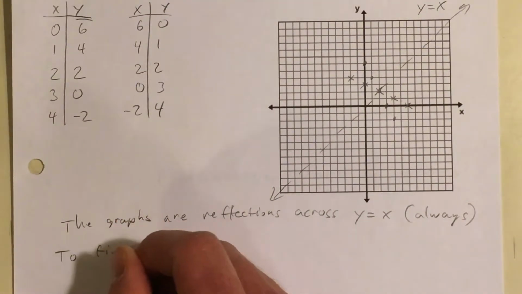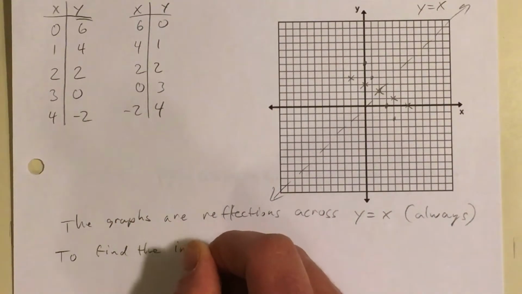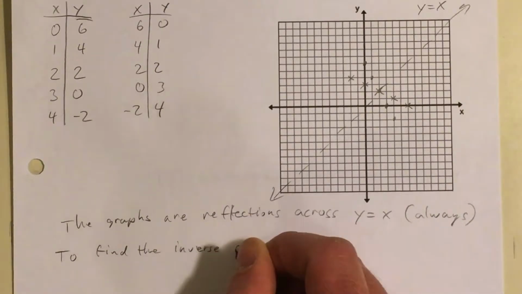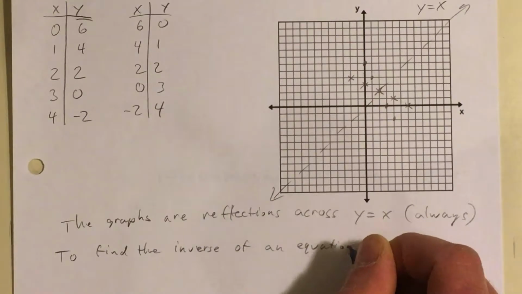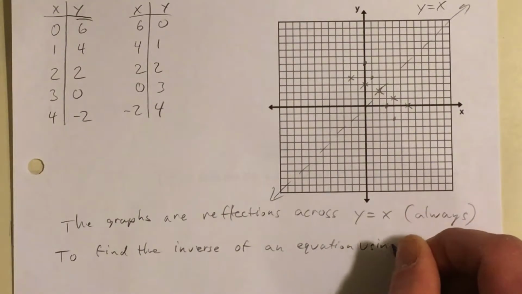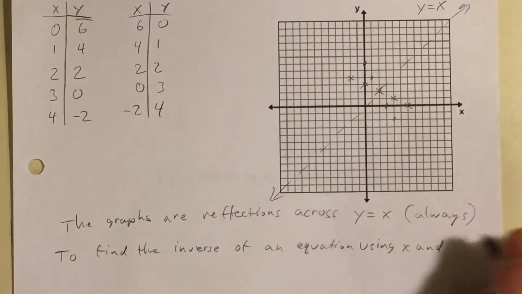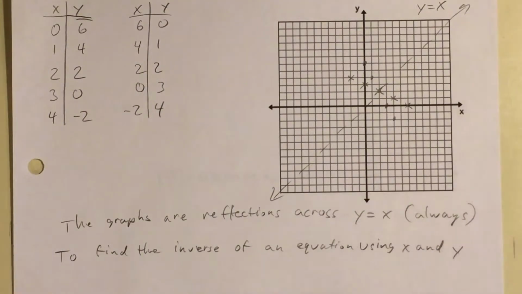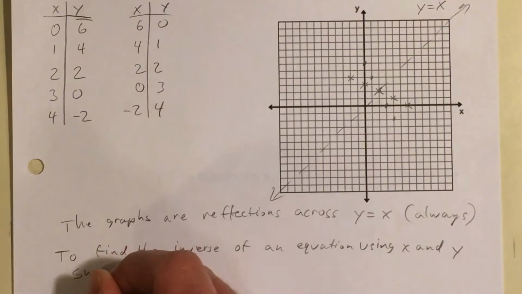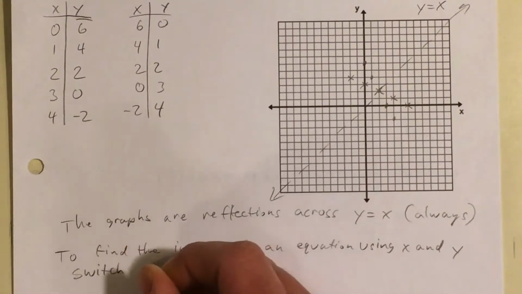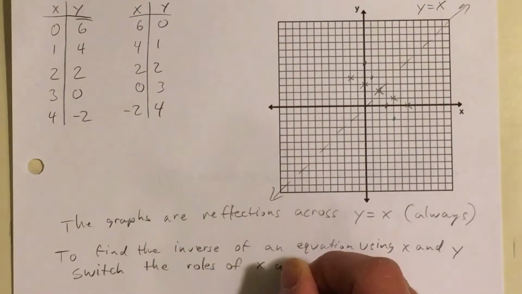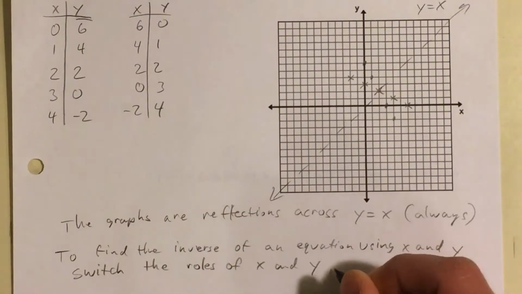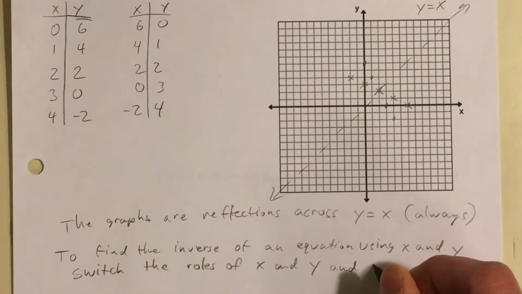To find the inverse of an equation using x and y, you switch the roles of x and y, and then solve for y.